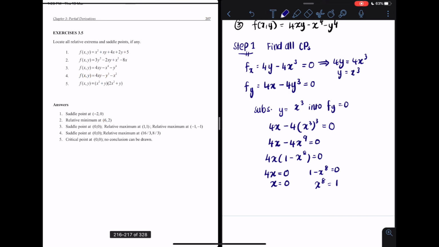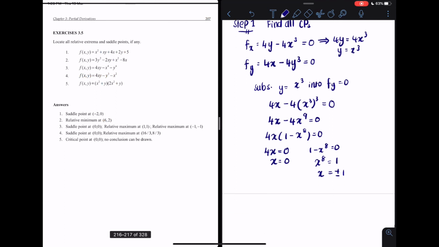You will see that there are two possible values when you try to solve x to the power of 8 equal to 1, because it will give you plus minus 1. 1 to the power of 8 will give you 1. Negative 1 to the power of 8 will also give you 1.